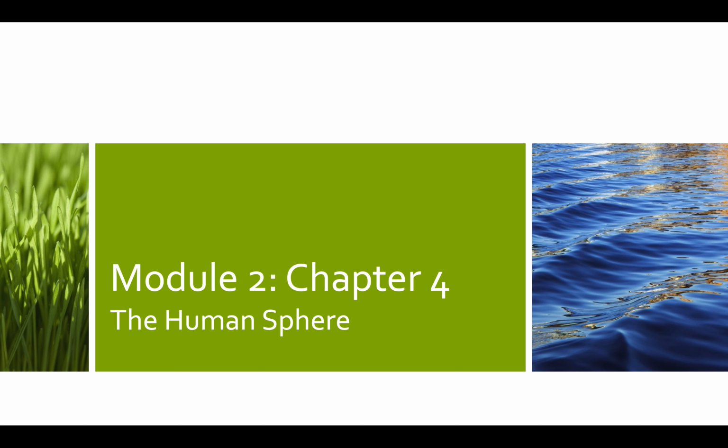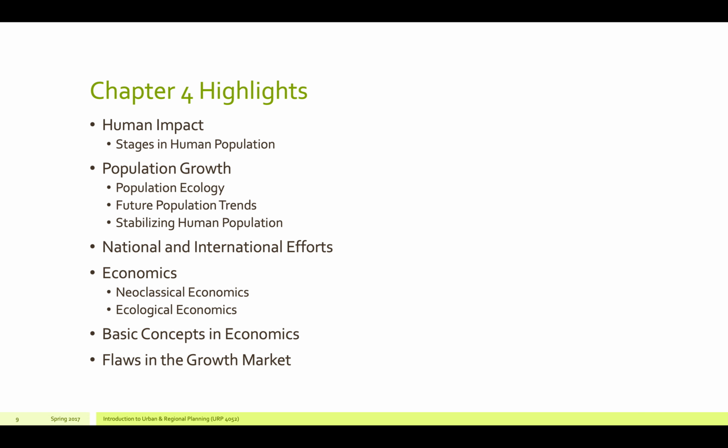Now, the problem only increases when the population increases, and of course our population continues to grow and grow and grow. Now, listed are some of the key highlights of Chapter 4. What you'll quickly realize is that this chapter is about population growth, and that population growth creates a very large challenge when it comes to being sustainable.